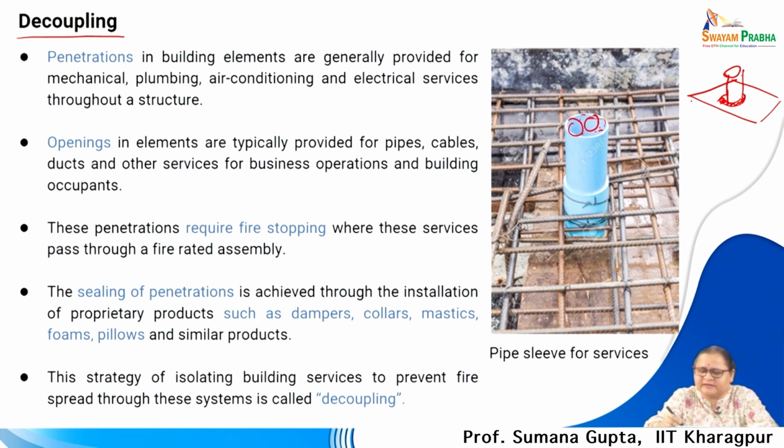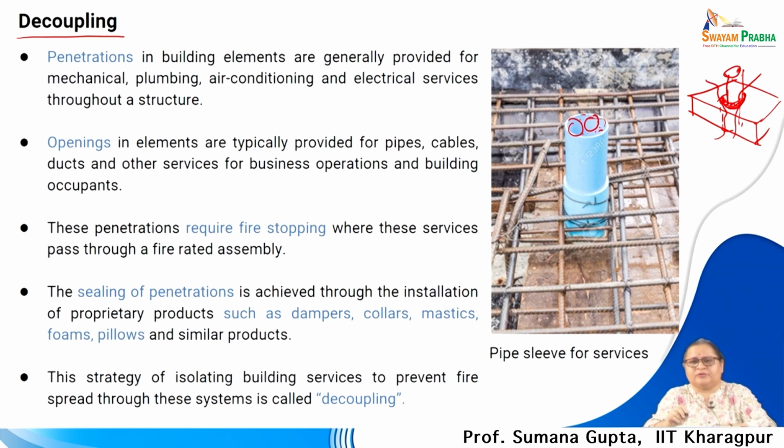So, this is a floor slab in which there is a pipe coming out. This is what is going to happen when this is built up, when the casting is done. These areas will be the portions which can carry some fire or flame, some smoke.